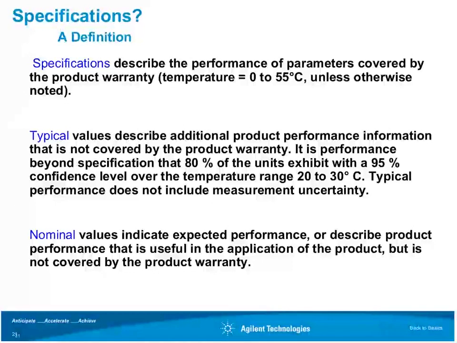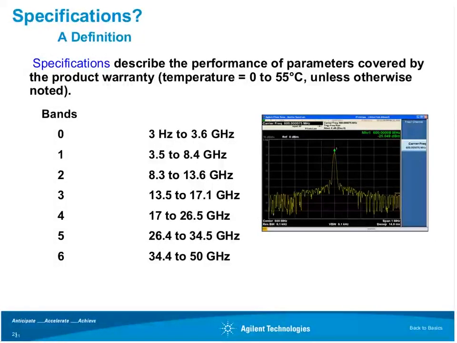But the idea is that a typical value gives you a reasonable idea of the performance that you can expect from the instrument. Then finally, we have nominal values. These would be parameters that we don't necessarily test on every single unit on the production line. But again, it's to give you an idea of what to expect. A good example of that might be that we design spectrum analyzers to have 50 ohm input impedance. So we don't necessarily test that on every single unit, but by design, it's designed to have that kind of impedance.